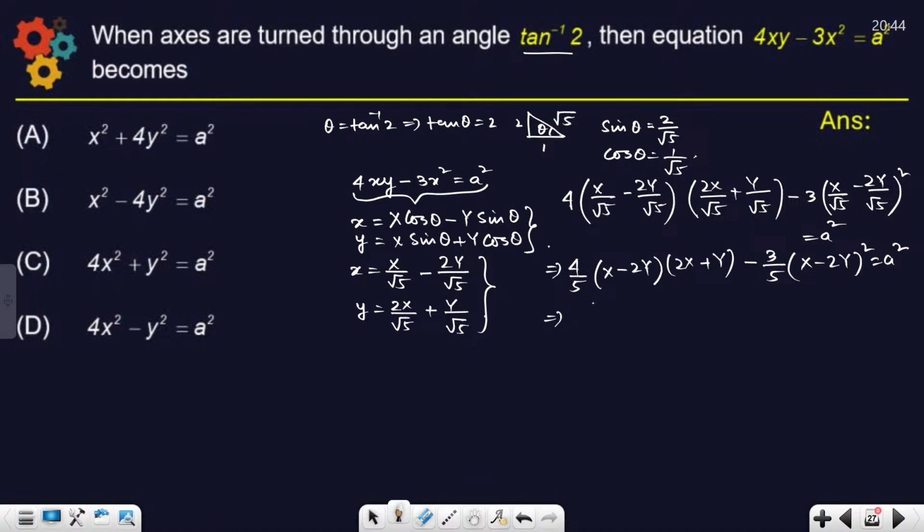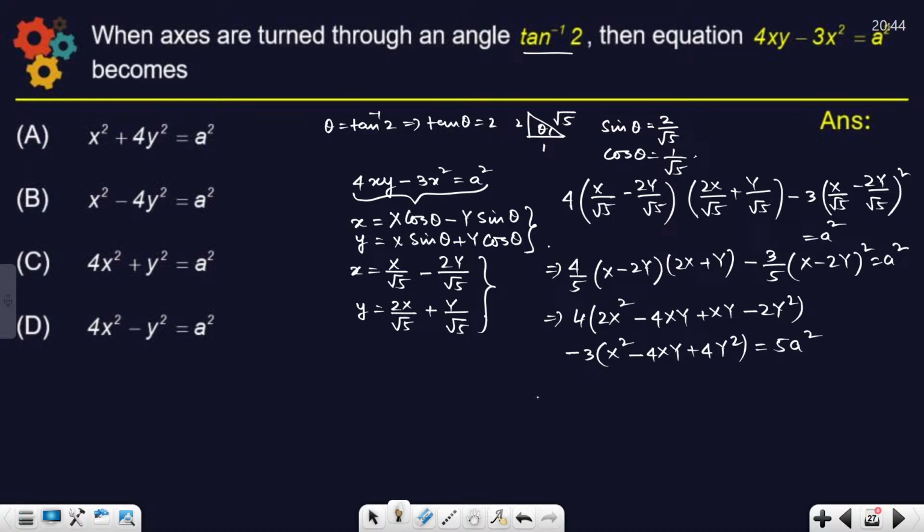So we are actually having 4 times 2x square minus 4xy, 4xy plus xy, minus 2y square, minus 3 times capital X square minus 4xy plus 4y square, which equals 5a square.